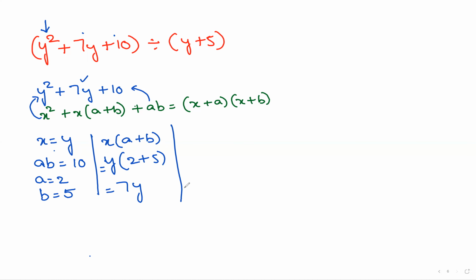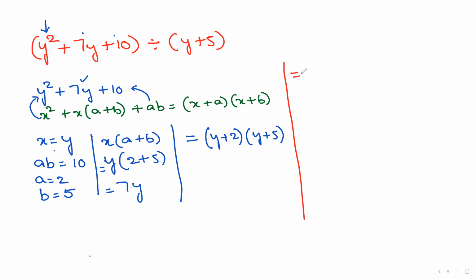So the numerator can be written as (x + a), what is x + a? y + 2. Am I right, Shamil? And what is x + b? y + 5.